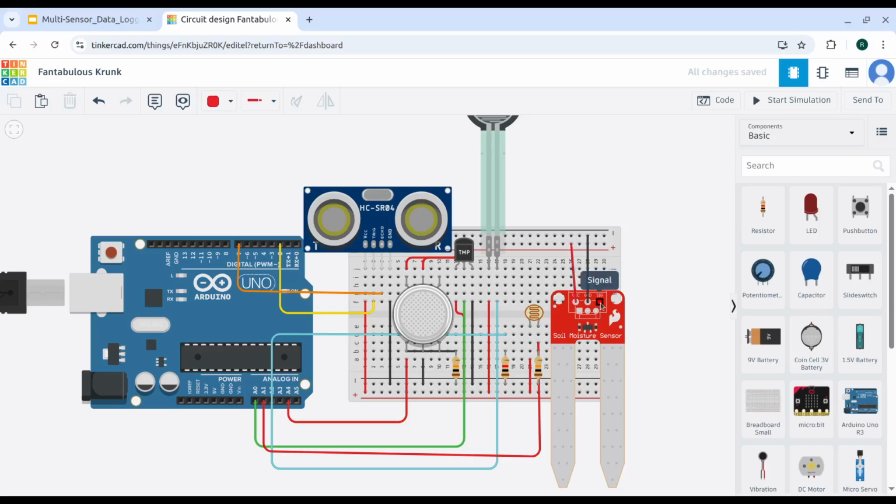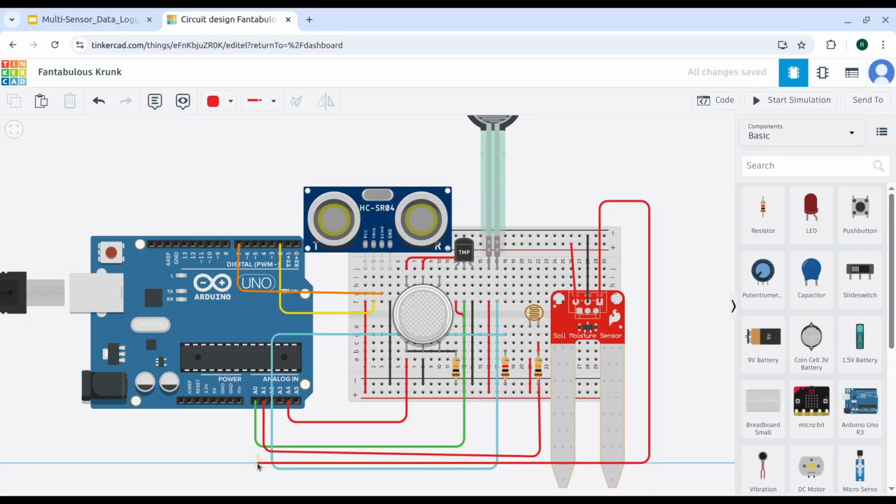Then the signal pin, I am connecting this to the analog input A3. So here we having A3. So this is A3, right? Yeah, connection part is over.